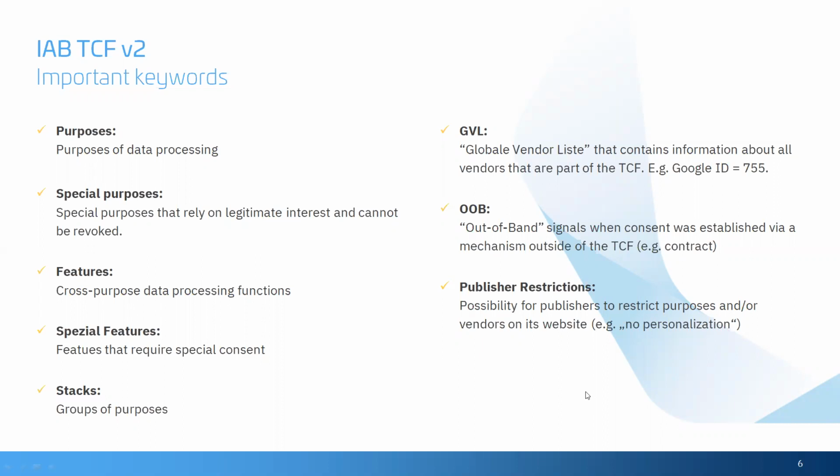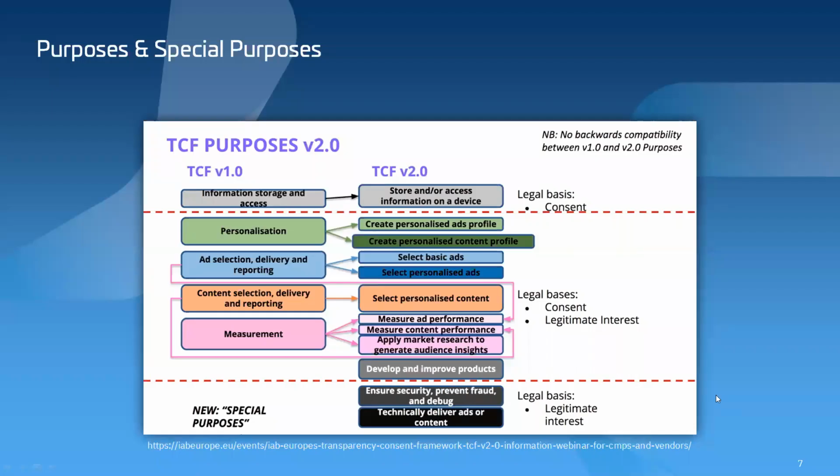So that's the keywords. Regarding the purposes and special purposes, in TCF version 1, they had 5 purposes. In TCF version 2, they have now 10 purposes and 2 special purposes. Basically, on most websites, you see purposes like marketing, analytics, personalization, function or something. The purposes in the TCF are very advertising specific, let's say it this way.